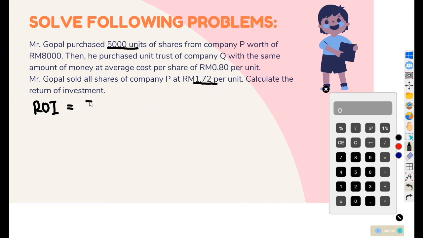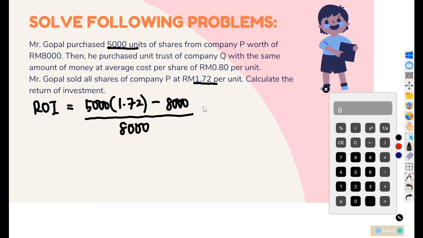So what you need to do is 5,000 times RM1.72, minus the principal, which means the initial investment, which is 8,000, over the initial investment of 8,000, times 100%. So 5,000 times RM1.72 is 8,600, minus 8,000 is 600.